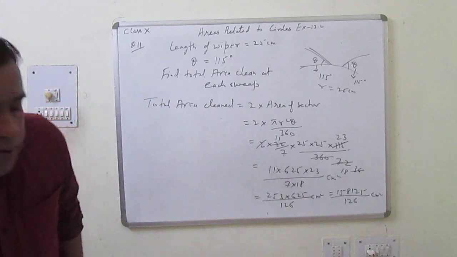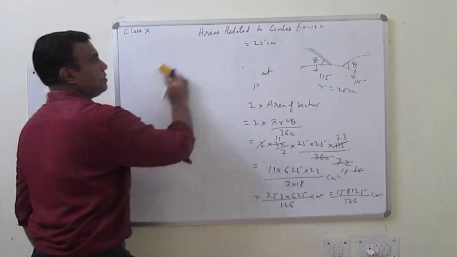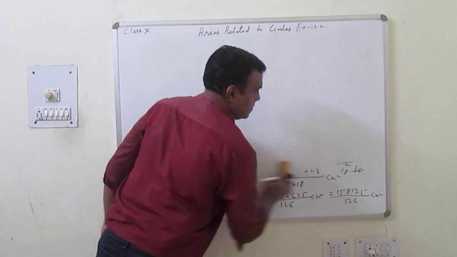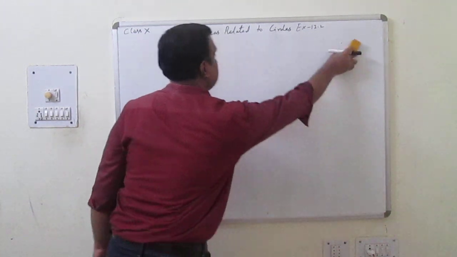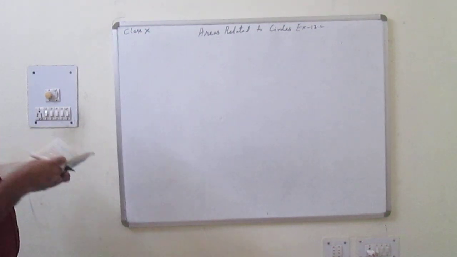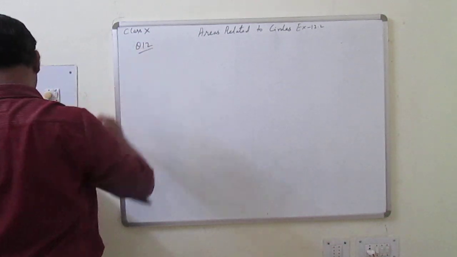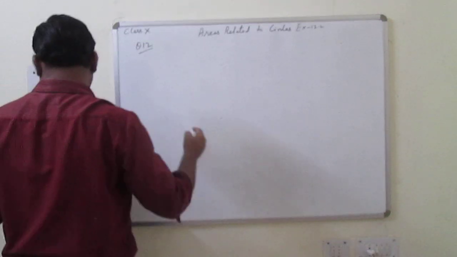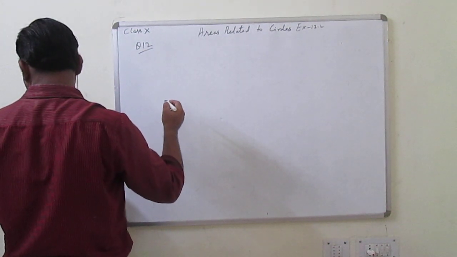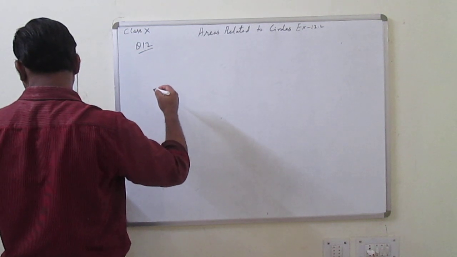Question number 12. Two ships are warned of underwater rocks, a lighthouse spreads a colored light over a sector at an angle of 80 degree to a distance of 16.5 kilometer.